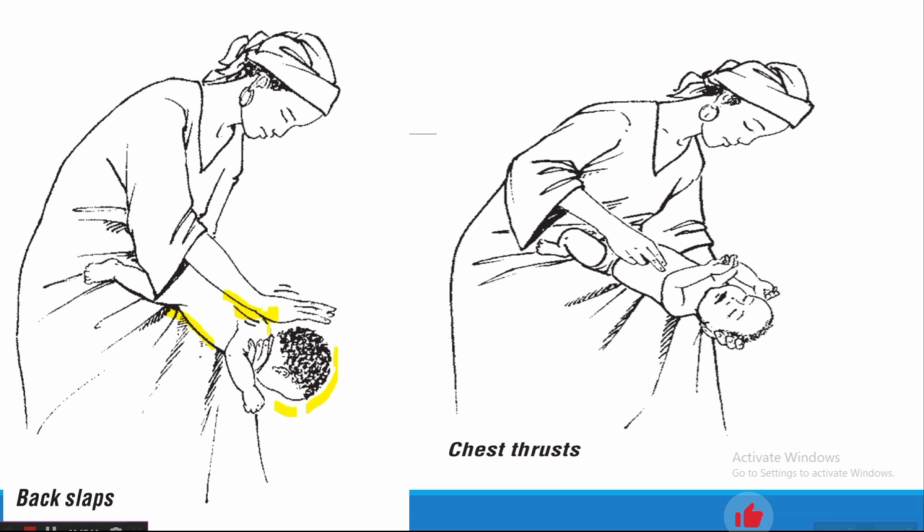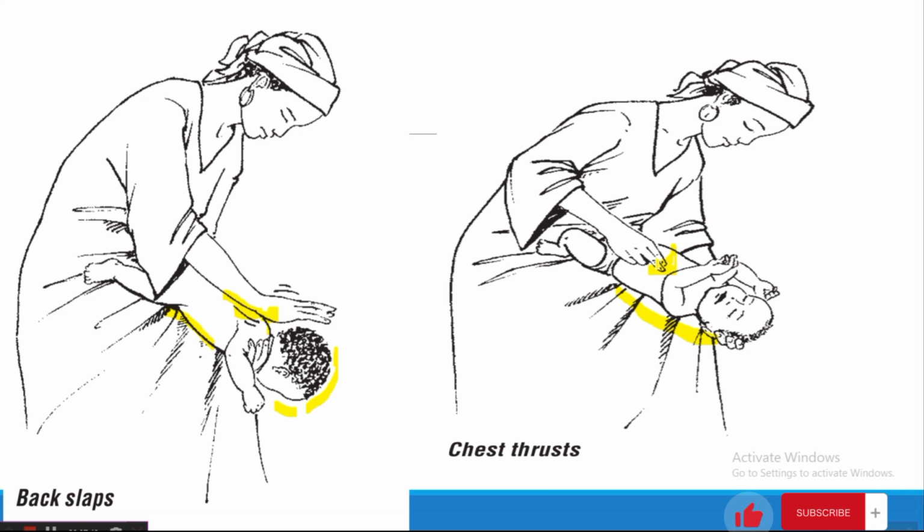Then in case the obstruction persists, you can also turn the child over, place the back on your lap or hand, and now, see here, you give chest thrusts with the 2 fingers, and then you check the airway and the mouth to remove any obstruction. This is the management for infants.